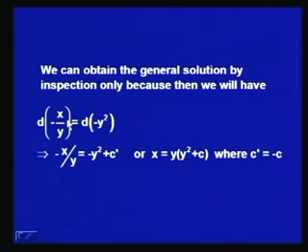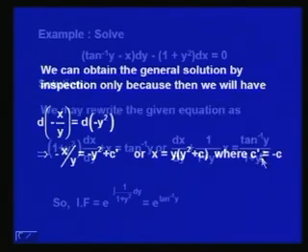So when we integrate on both sides, we find the general solution as minus x over y equal to minus y square plus c dash, or x equal to y into y square plus c, where c dash is equal to minus c.